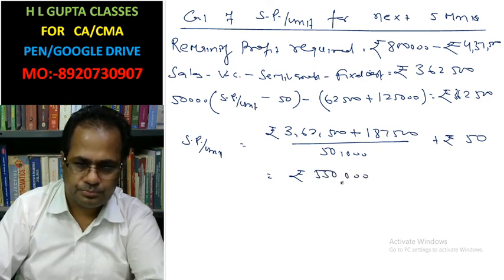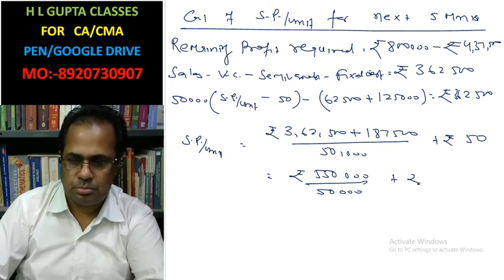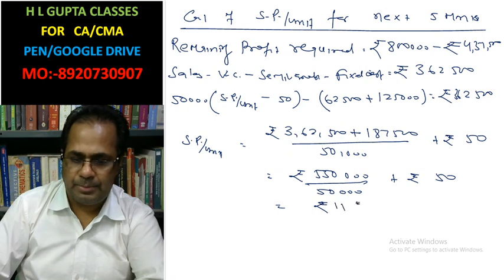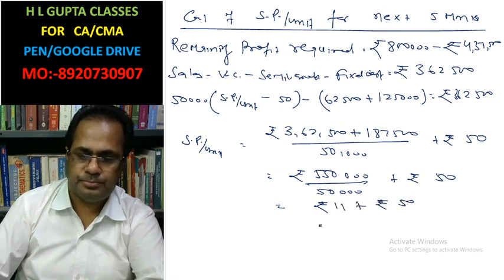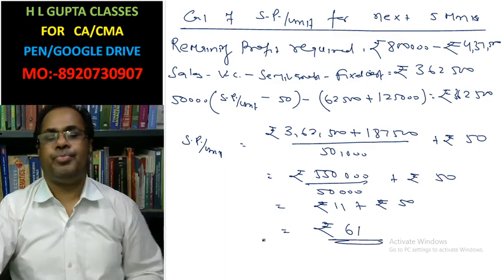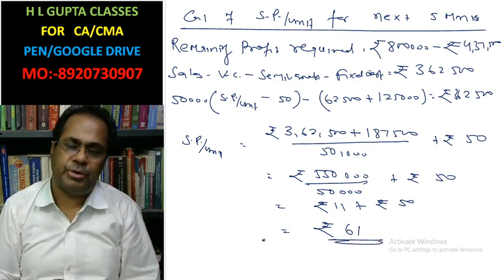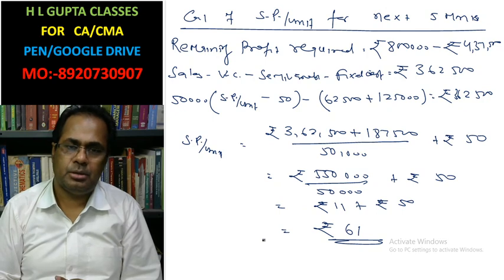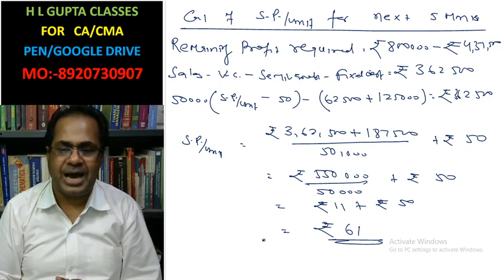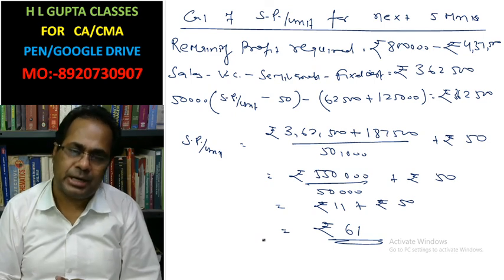That is 5,50,000 divided by 50,000, which is rupees 11, plus rupees 50, giving rupees 61. This will be the selling price per unit for the remaining 5 months so that we can achieve the target annual profit of rupees 8 lakh.